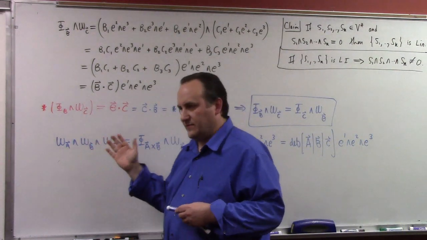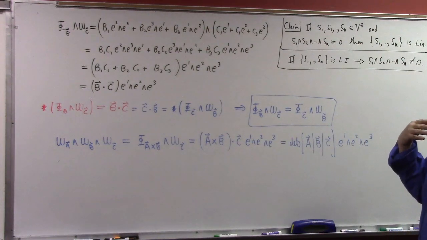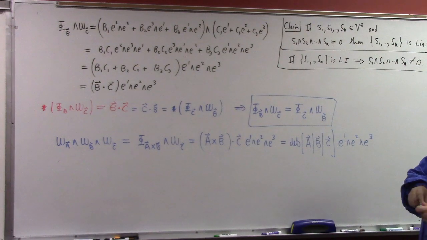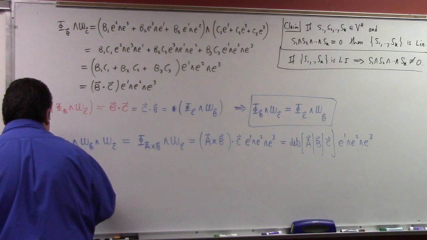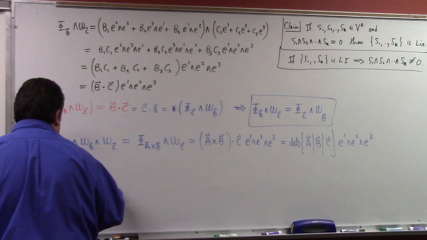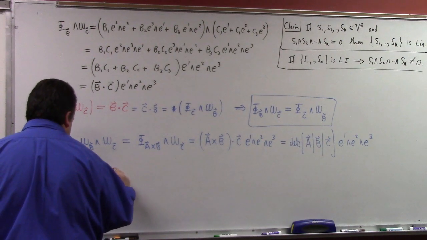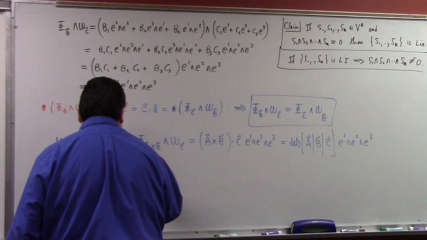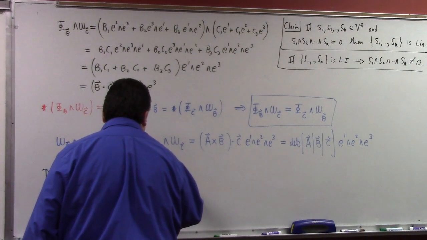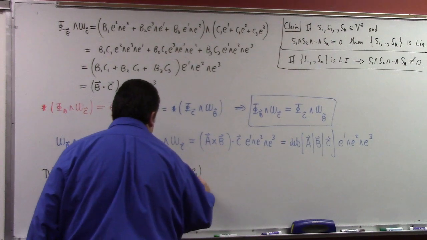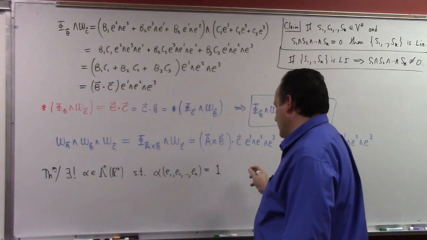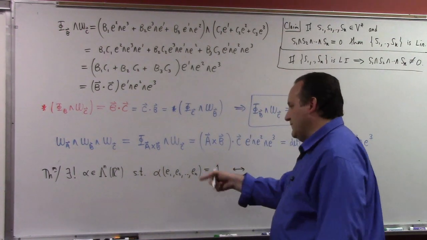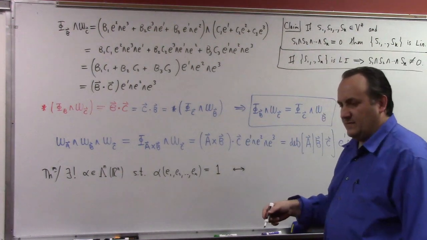there is a unique, here's a theorem, there's a unique completely alternating n-form on R^n which sends the identity to 1. Let me write that theorem down. Theorem. There exists a unique alpha in Lambda^n of R^n such that alpha of E1, E2, and so on up to En, is equal to 1. Another way you could look at that, if you have an n-form on R^n, you can think about it as a function of matrices.